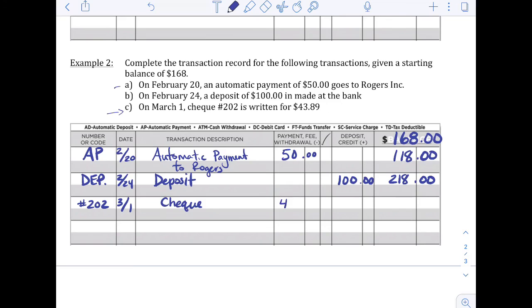And that has to come out of our account, so we're withdrawing $43.89. So I have to subtract $43.89 from my balance of $218, which is in my account. Because remember, we're paying a check. We're writing that check. We're not depositing that check. And now we have $174.11 in our account.